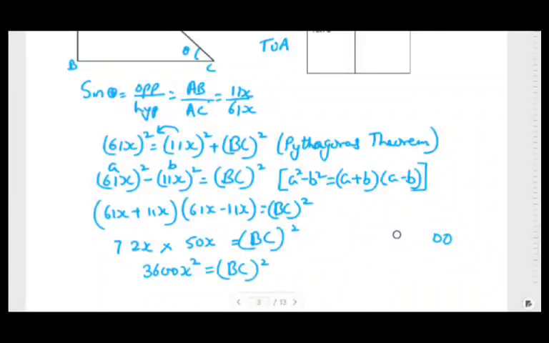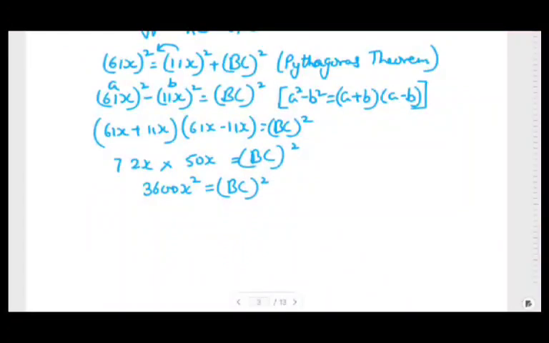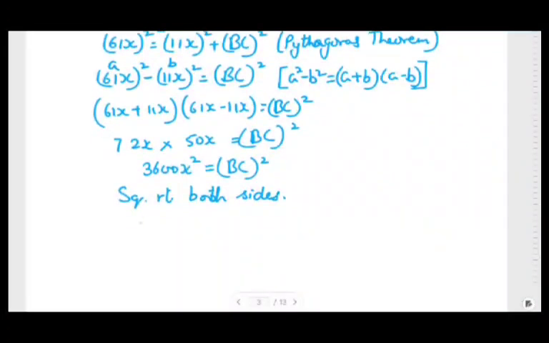Now what I'm going to do is square root both sides. So after I square root, I'm also going to change the sides, which is BC on this side.